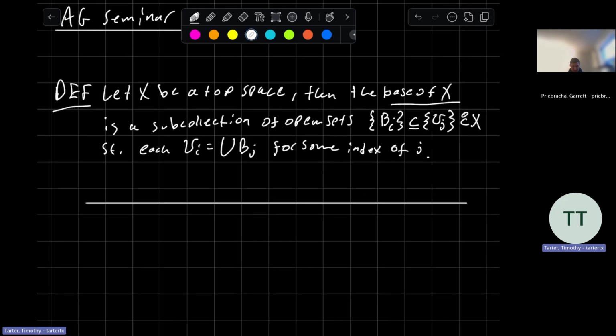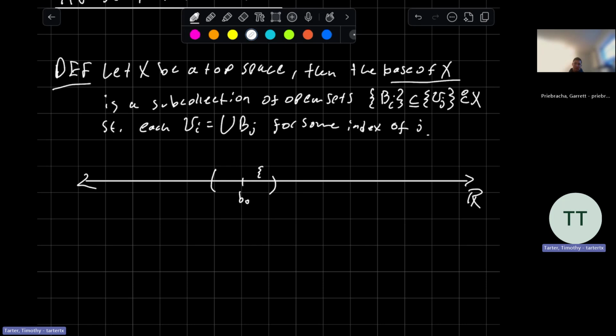Garrett, since you haven't taken analysis, this one does not apply to you. Let me clarify that if we have a point b_0 and a distance epsilon, then open sets in R in the standard topology look like unions of these open balls.